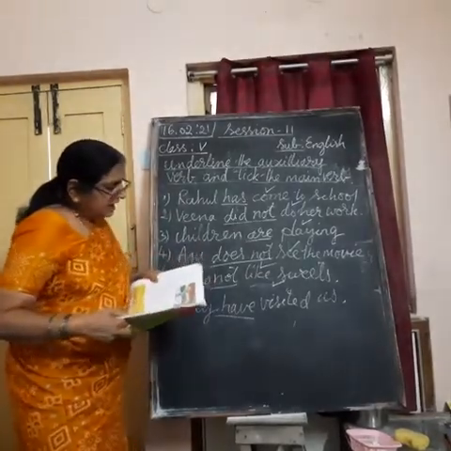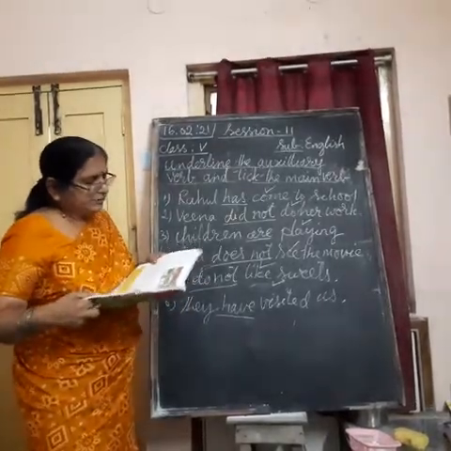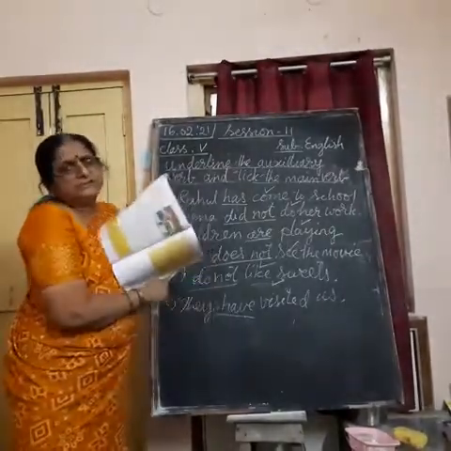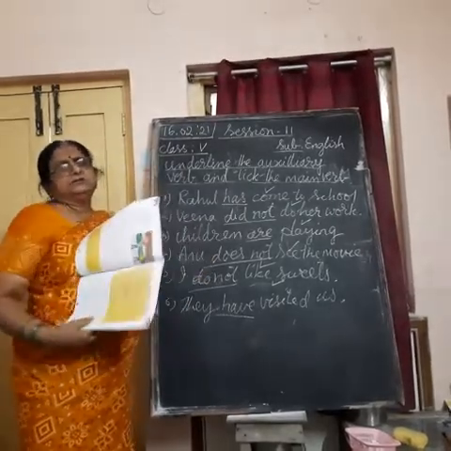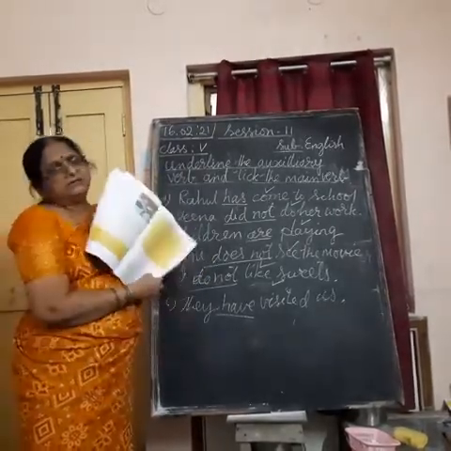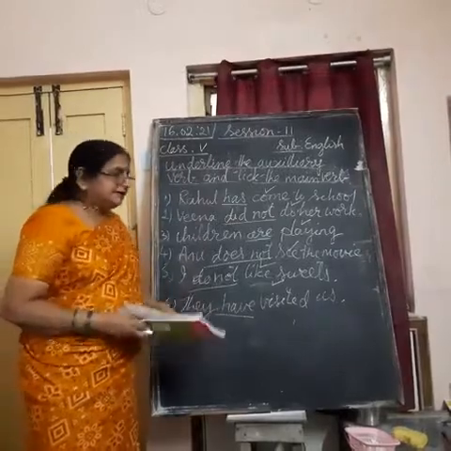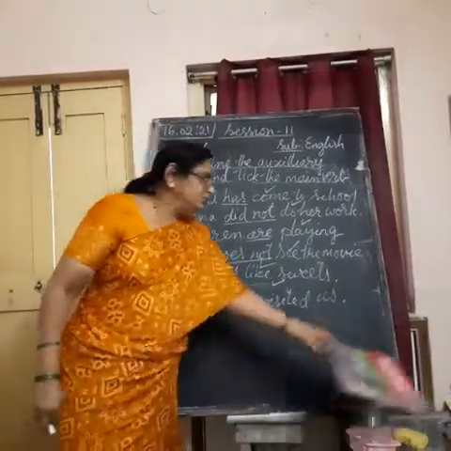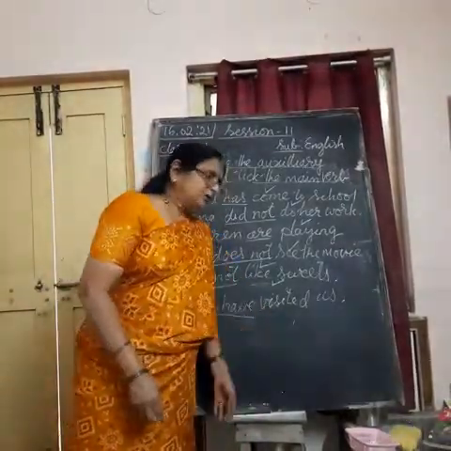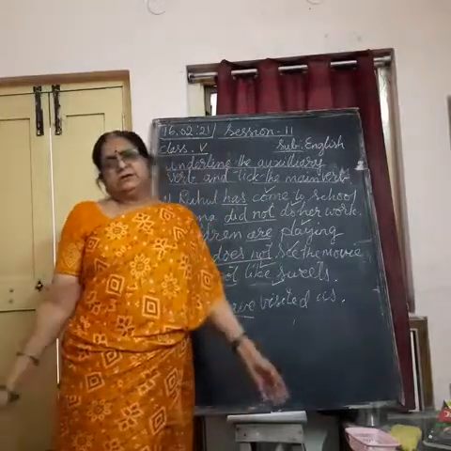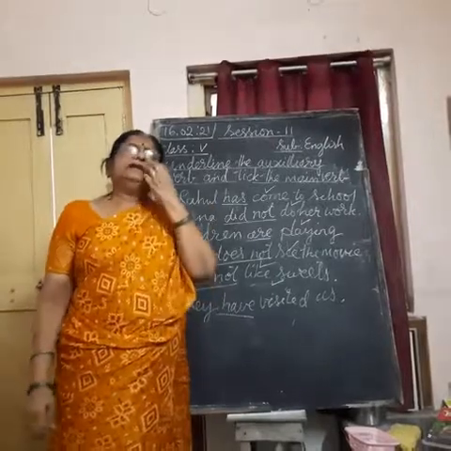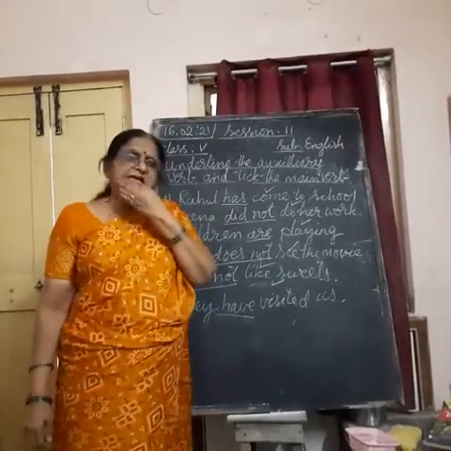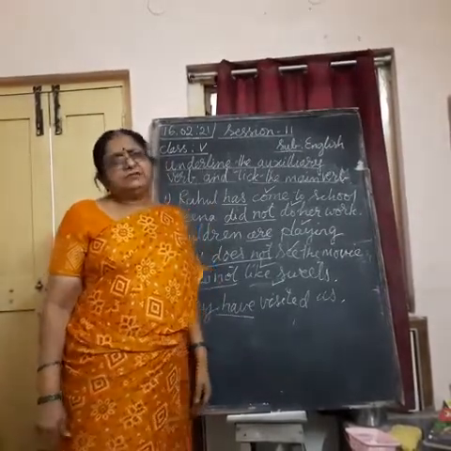So, was, were, how the word comes, you please fill it up and we will discuss it in the class. When the class is on, you are sitting with the book. That's it for today, children. Thank you. And I am going to give you one small exercise on the topic in typed form, which you have to solve in your notebook. That's it for today. Thank you.